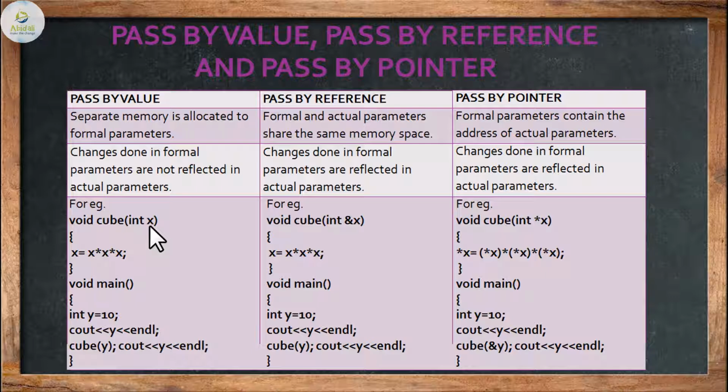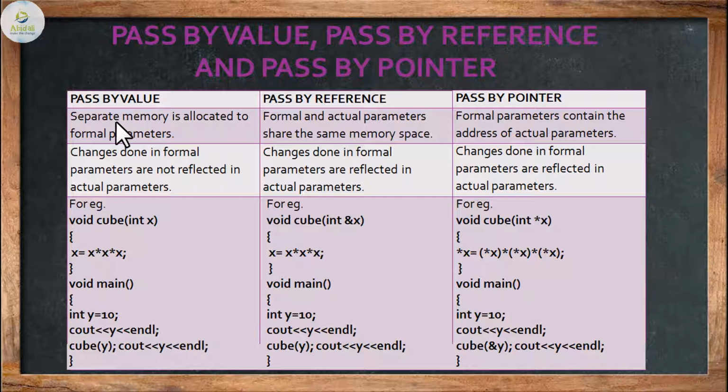When we pass the values from the main method to the function to be called, we call them actual parameters and formal parameters. Where are actual parameters present? Actual parameters are present in the calling statement, whereas formal parameters are present in the function prototype, that is, the line of the function declaration.